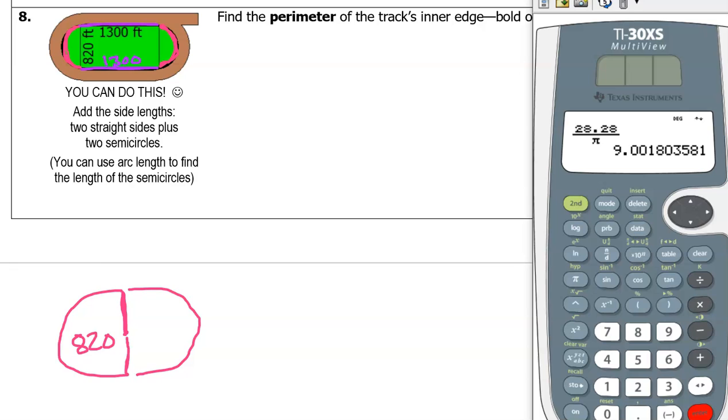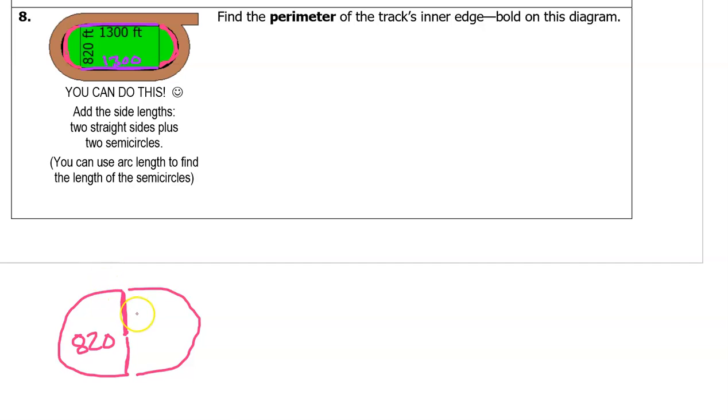So obviously that's going to be 410. Hopefully you don't need a calculator for that. So if 820 divided by 2, of course, is 410. So that means that the radius is 410. Okay, so keep that in mind. The radius of the circle.